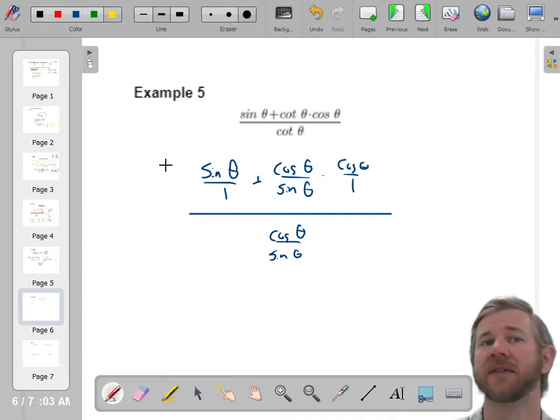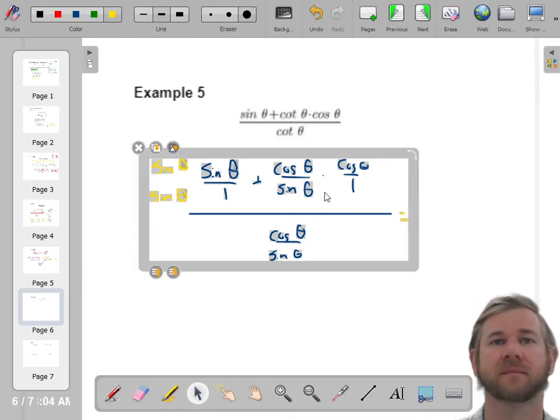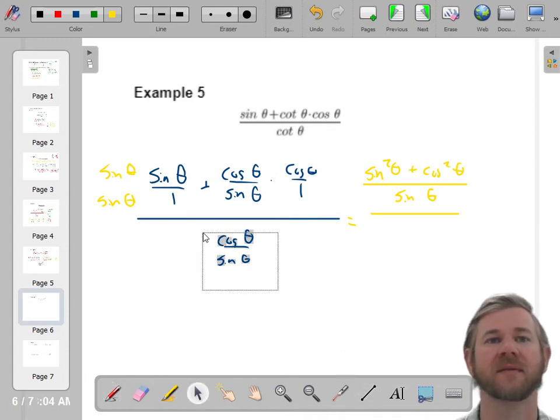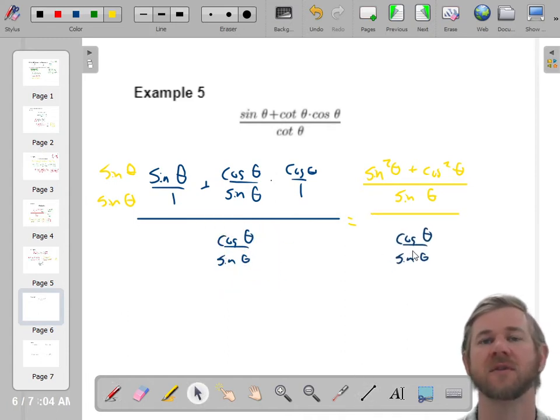Let's get a common denominator in the top. So I'll give this guy sine of theta in the top and the bottom. And now I have sine squared theta plus cosine squared theta over sine of theta. And in the denominator, I still have cotangent, which is cosine over sine.